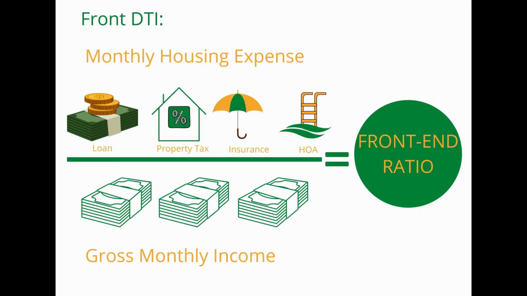The only difference is that the front-end ratio only considers the mortgage payment divided by your monthly income. The mortgage payment includes your insurance, your tax amount and mortgage amount.